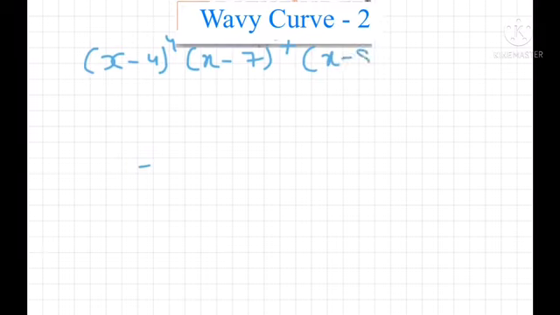One more example I am taking here: if I ask you to solve the inequality (x minus 4) to the power 4, (x minus 7) to the power 7, (x minus 8) to the power 8, (x minus 11) to the power 11 less than 0, how to plot this?